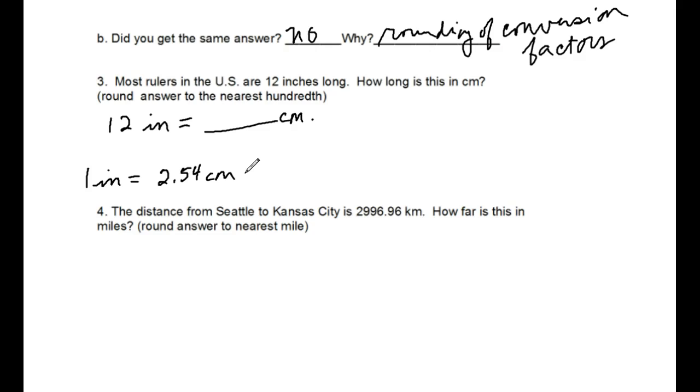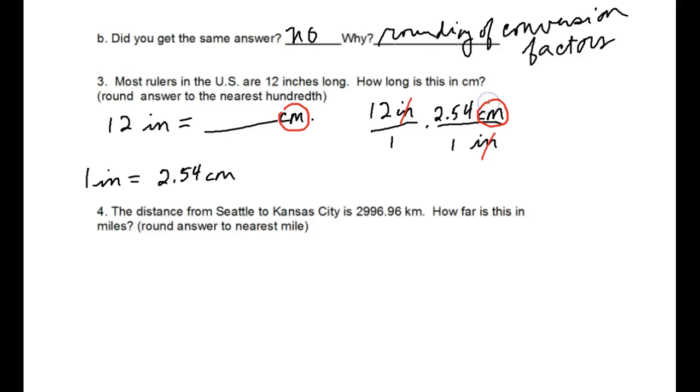So we have 12 inches. I'm going to convert from inches to centimeters, so my conversion factor is going to have inches in the denominator, centimeters in the numerator. Put my numbers in. 1 inch equals 2.54 centimeters. I'll cross cancel my units to make sure that what I'm left with is centimeters.